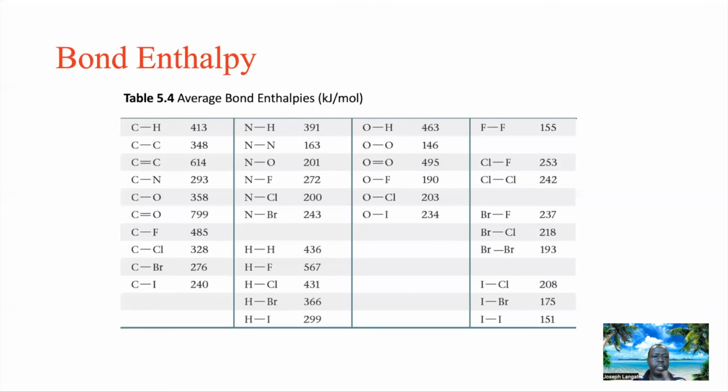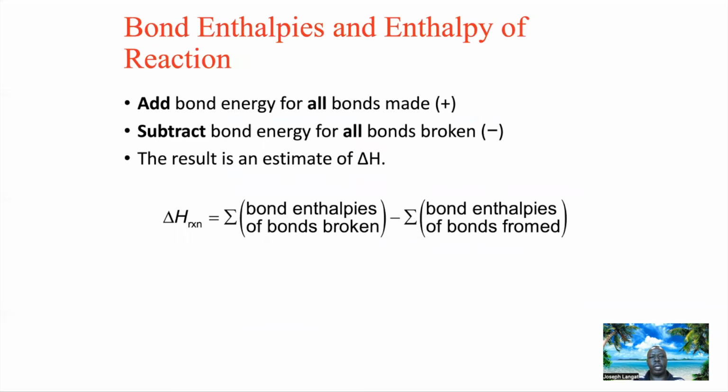Maybe when I get to an example, you will be able to see how the equation is slightly different. For bonds, it is the bonds broken minus the bonds formed. This is the bonds in the reactants, how many bonds we have in the reactants minus the bonds in the product. It's not the other way around.